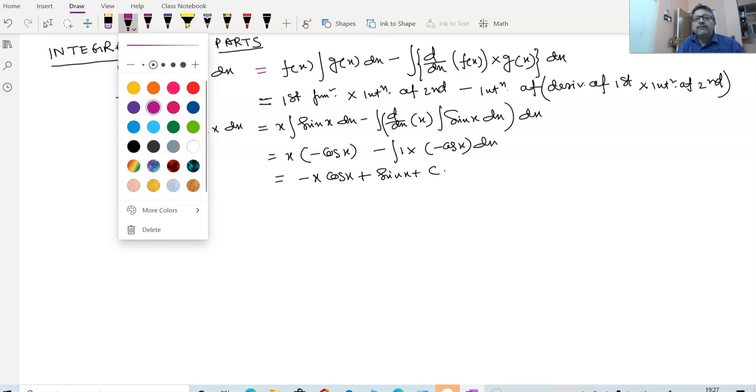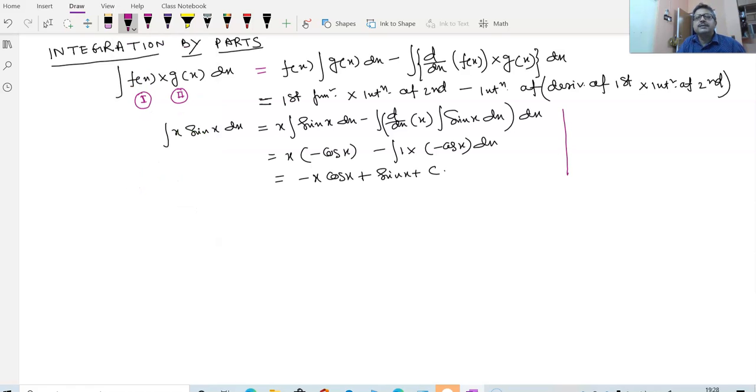A question automatically arises: why have I considered the function x as the first one and sin x as the second one?